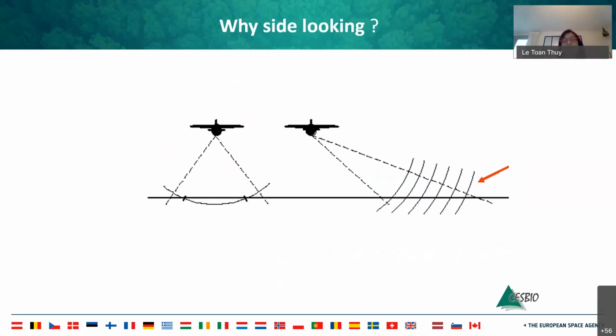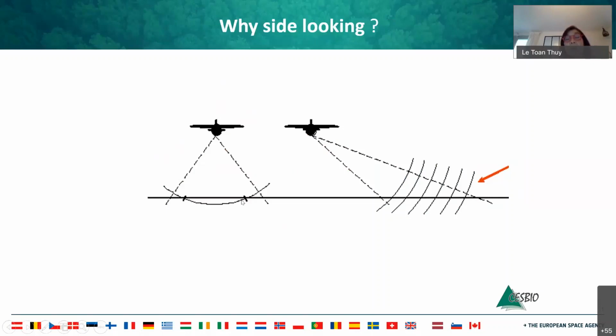And why the side looking? As we say, we have here an airborne system, and here a radar transmitting a beam. When you have 2 points on the earth that are looked at exactly at the same time, the wave arrives at those 2 points at the same time.